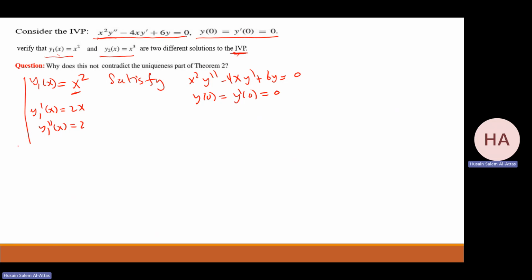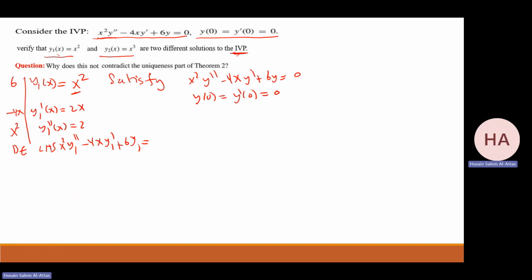So for the equation, the left-hand side is x squared y1 double prime minus 4x y1 prime plus 6 y1.